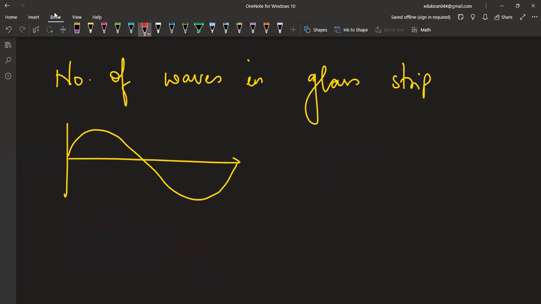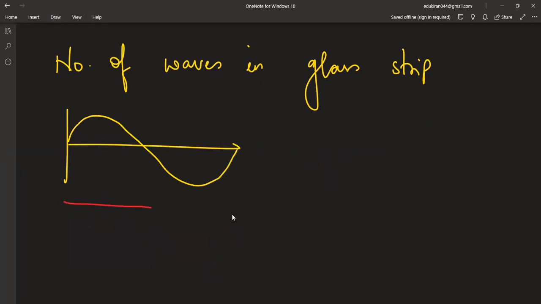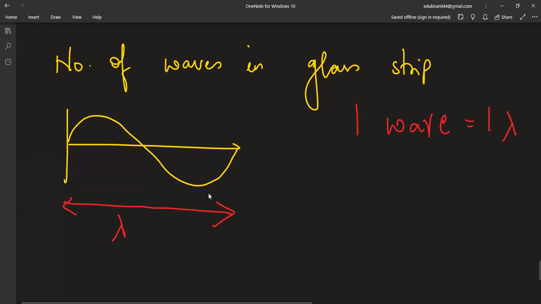All right. What is a wavelength? This is a wavelength. If I say one wave is equal to one wavelength, do you all agree till here? One wave gives one wavelength. Yes or no? Right?